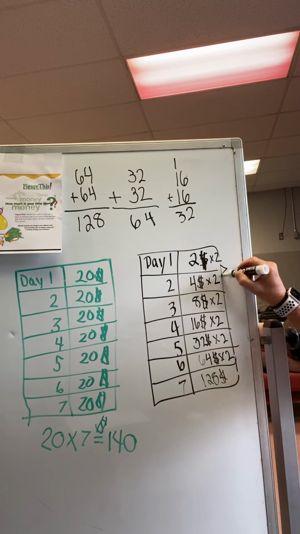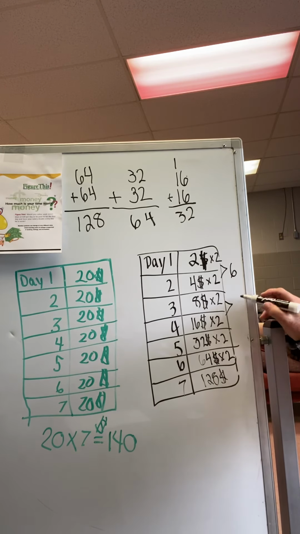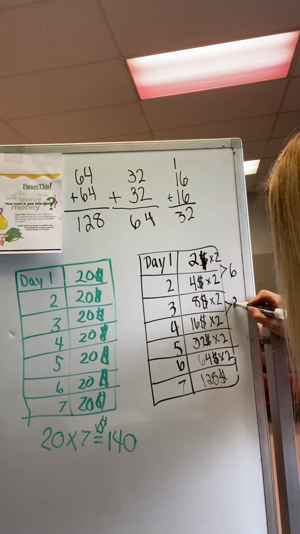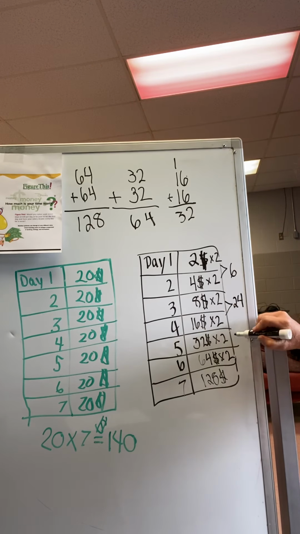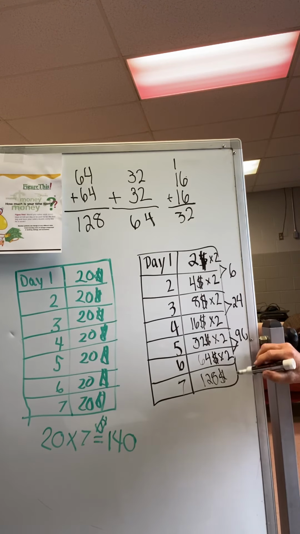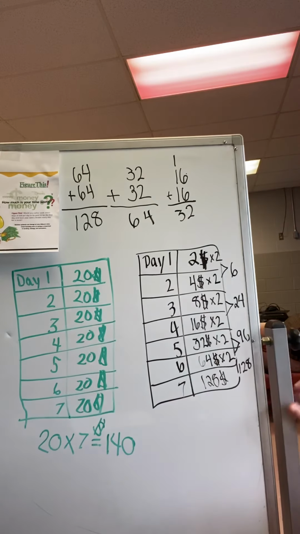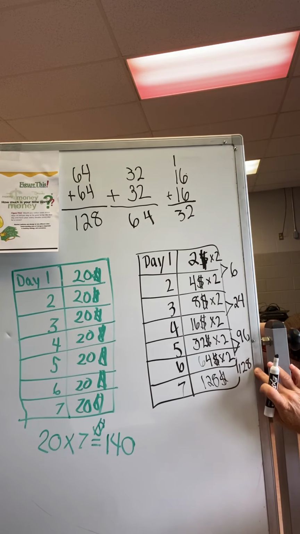I know 2 plus 4 is 6, and I know 8 plus 16 is 24. And I know 32 plus 64 is 96. And then I still have to add in my 128. Again, to do that, I have to add all of these numbers together.